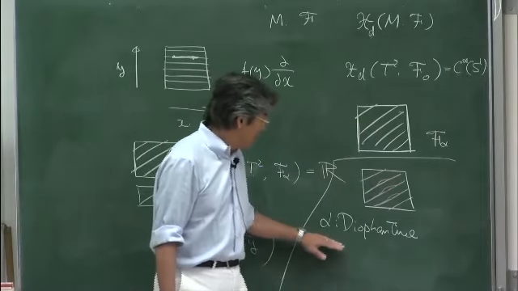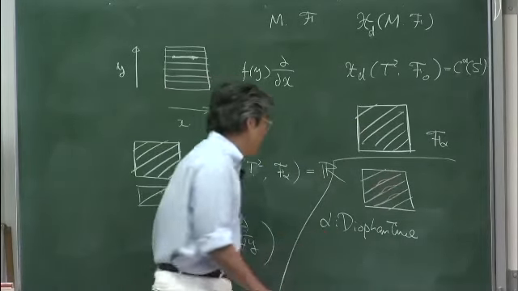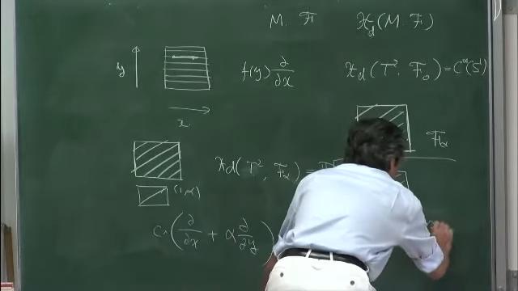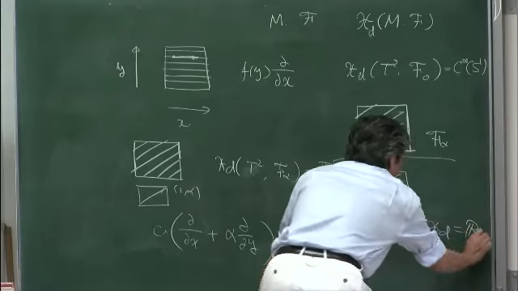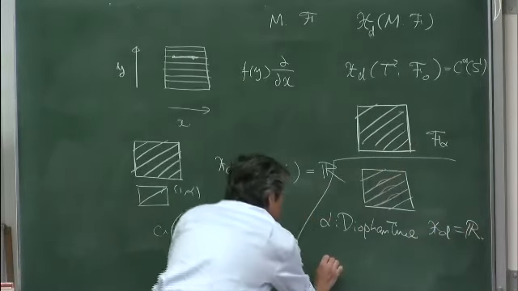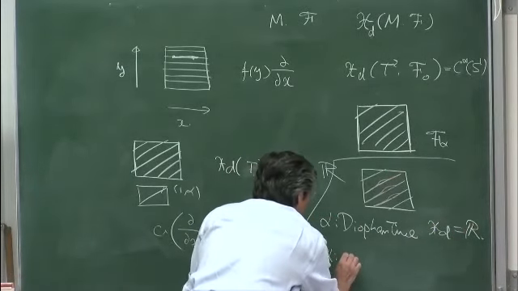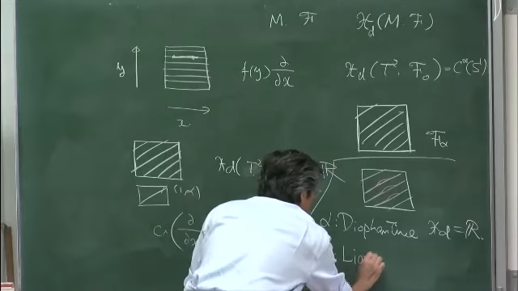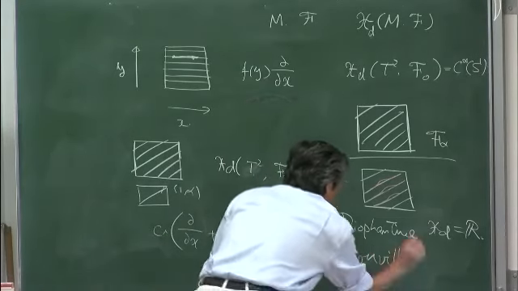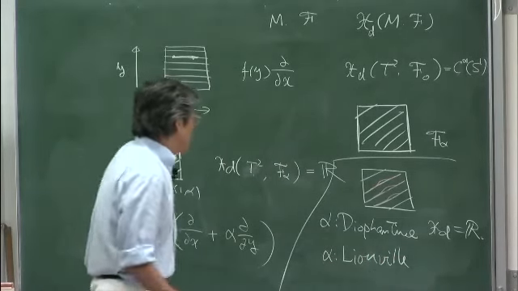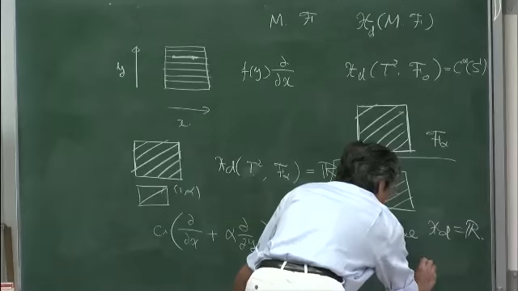This is a very important point. And so this is again a flow. But if alpha is not Diophantine, namely a kind of Liouville irrational number, in this case, I don't know.